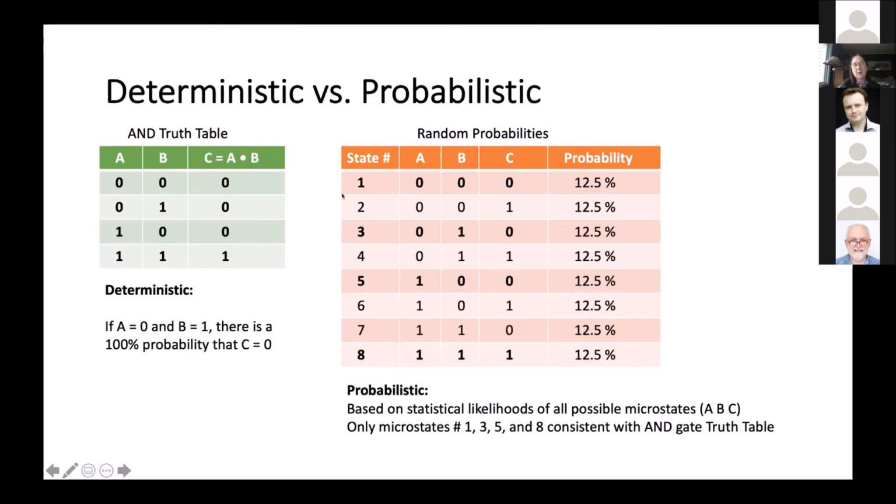But if you've got a probabilistic gate, that's not true. You're going to have, again, 8 different microstates, and each of them is going to be equally likely in the random case if they're not coupling. Yet only 4 of these microstates are consistent with the AND gate truth table.